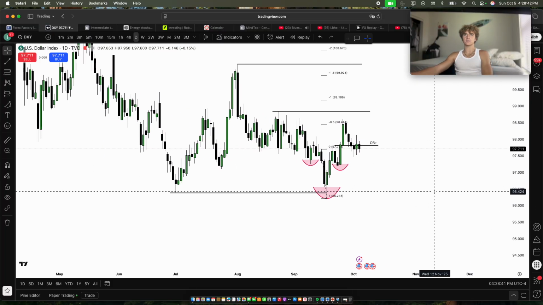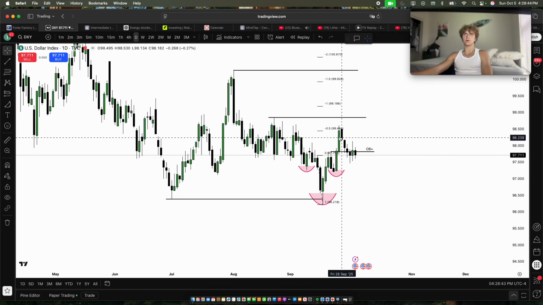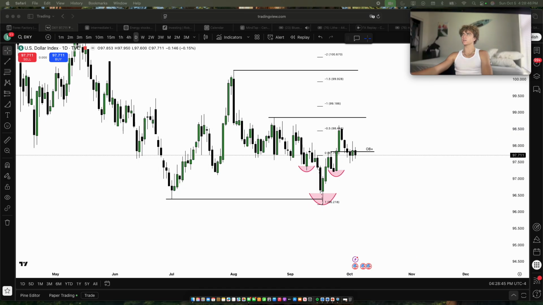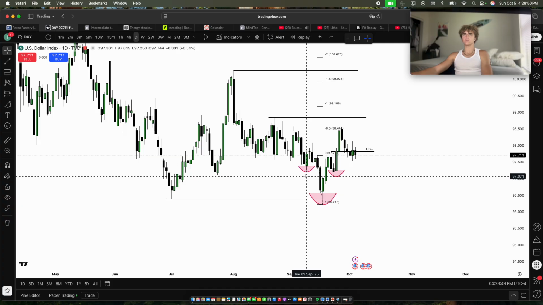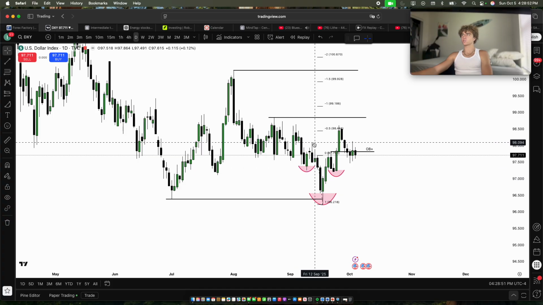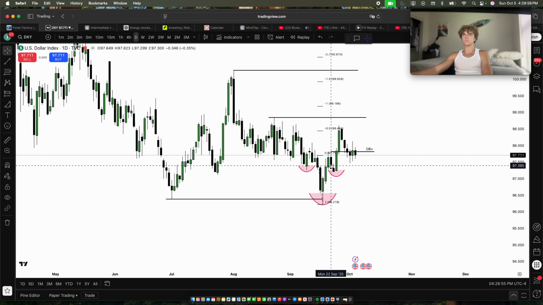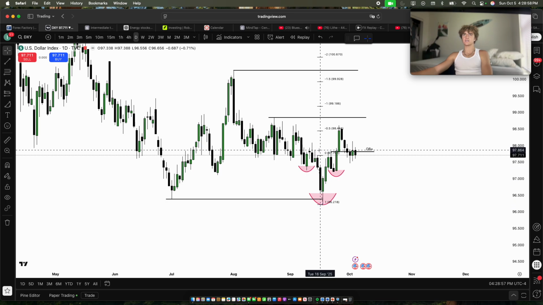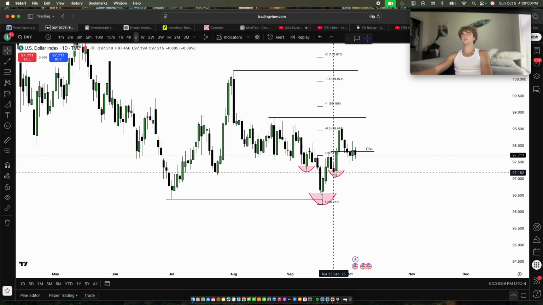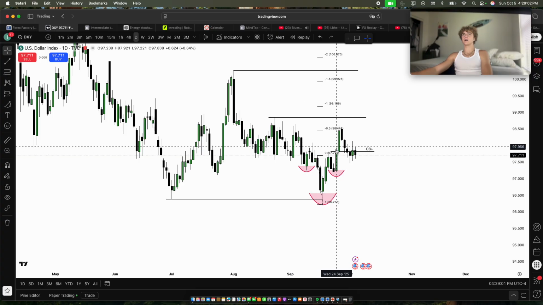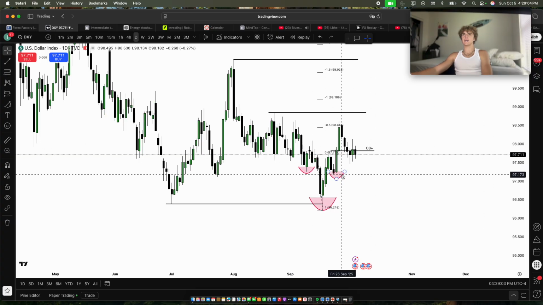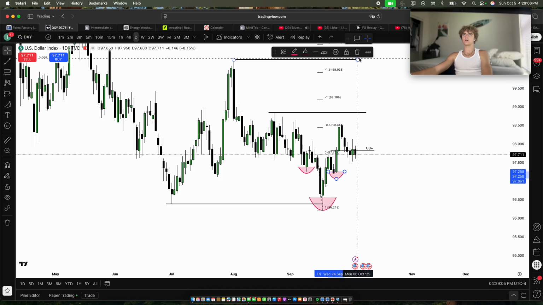So I want to see if this DXY move is going to make any sense. So you can see we have our short-term low, short-term high, short-term low, and then essentially we didn't break this short-term high, so it's hard to say what DXY wants.